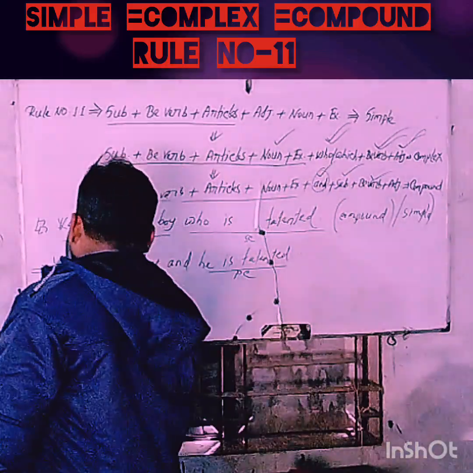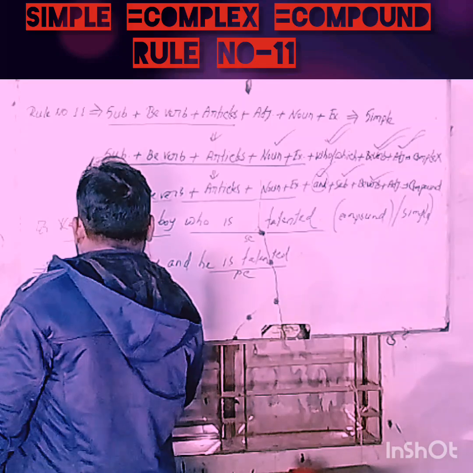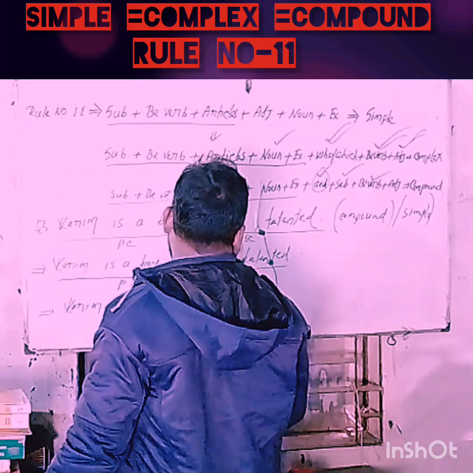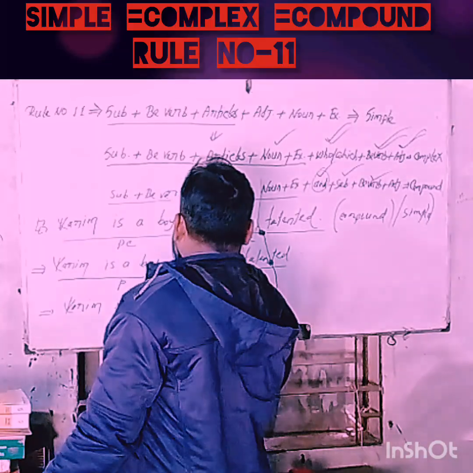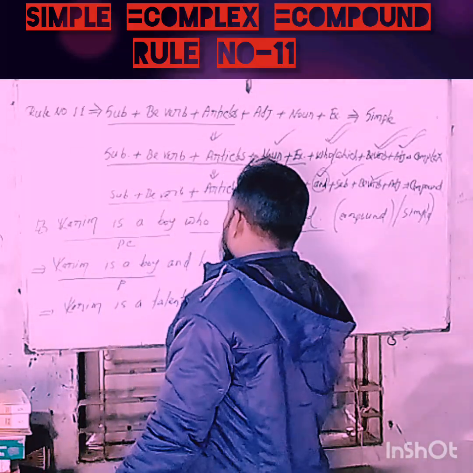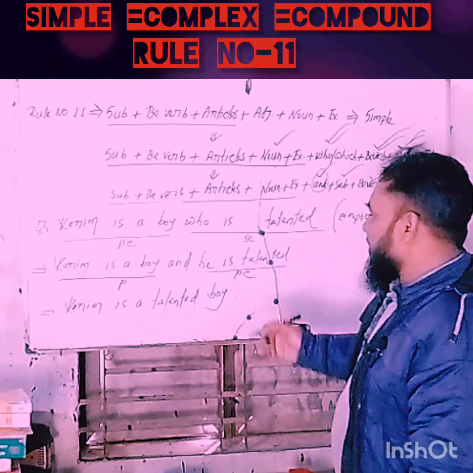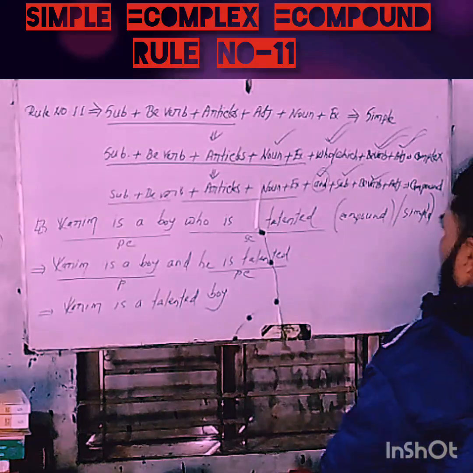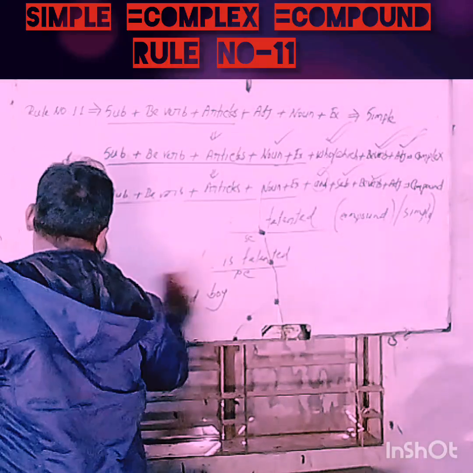So write down, learners, subject, Karim, verb, is, then article, then bring the adjective, talented, then noun. Okay, learners, already this sentence has been transferred into a simple sentence. Hope that you have understood clearly.